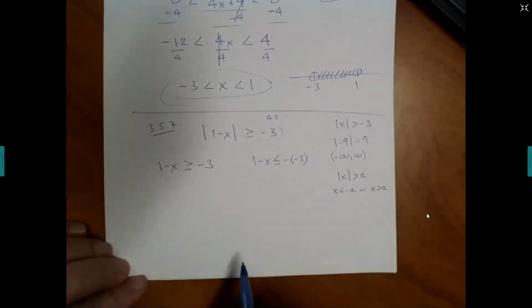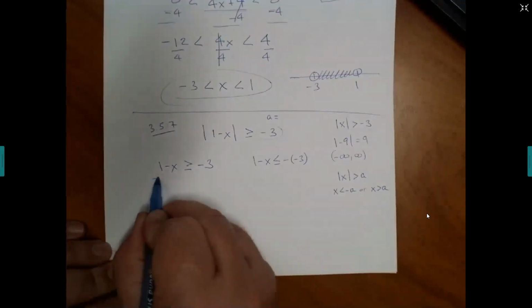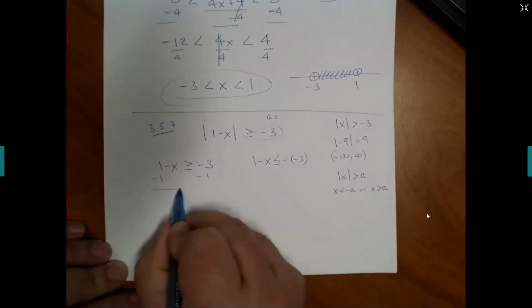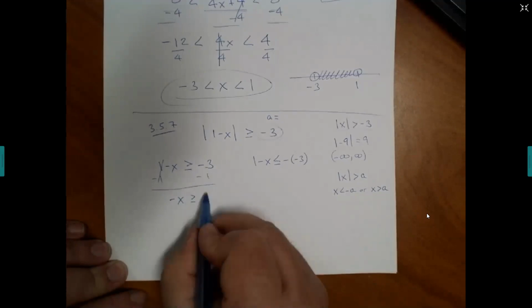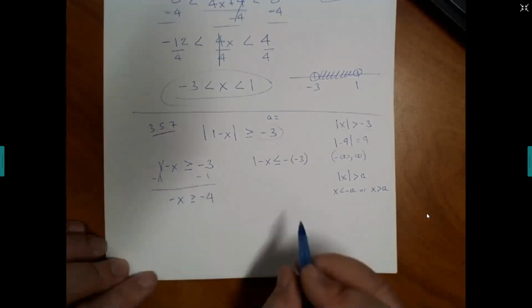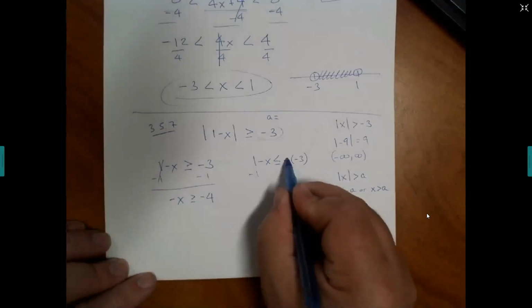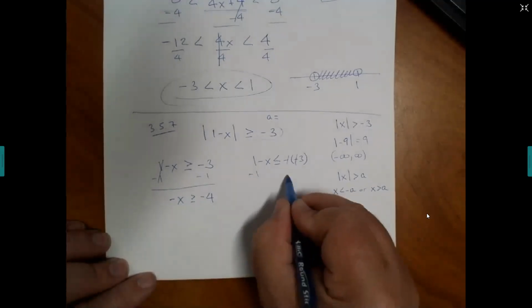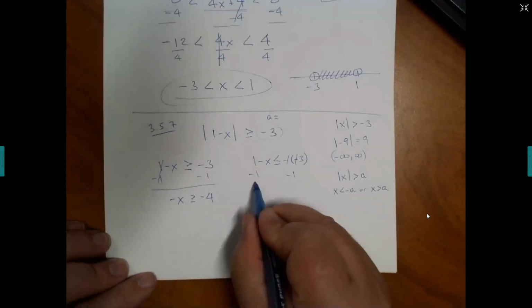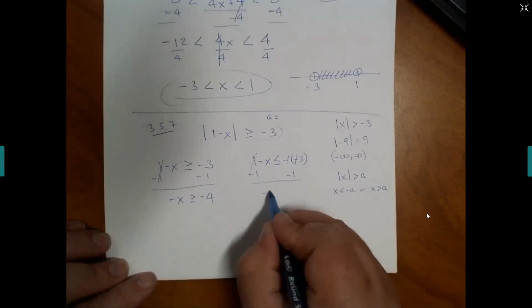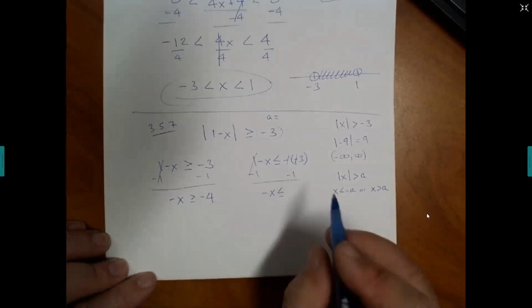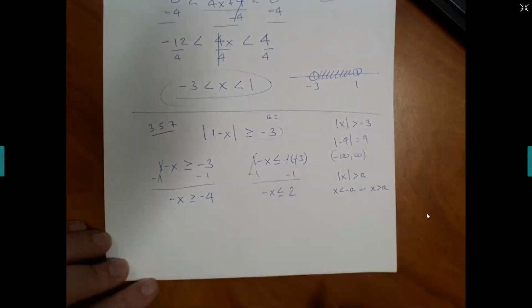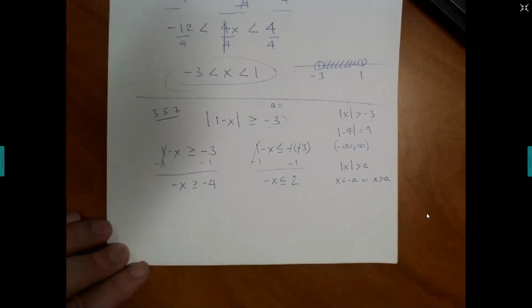So let's go and solve these. First step, subtract 1. -1 minus 3 is -4. Subtract 1. This becomes a positive. So we have negative x is less than or equal to 3 minus 1, which is 2. So far, so good.